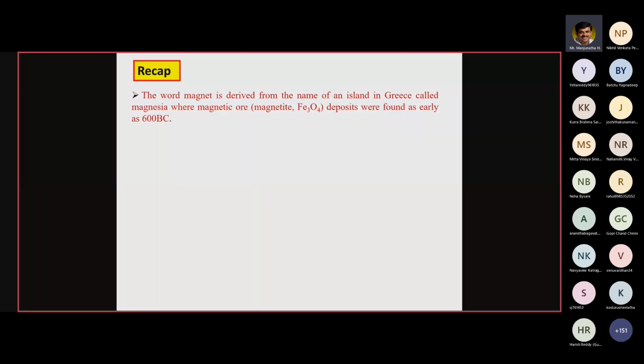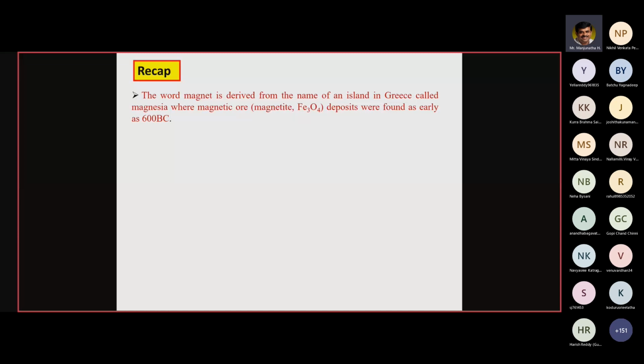But after some time, when they came again with some people and started searching why this was happening, they dug at that place for some distance and observed that there were certain rocks. Today we call them magnetites or lodestones, Fe3O4.